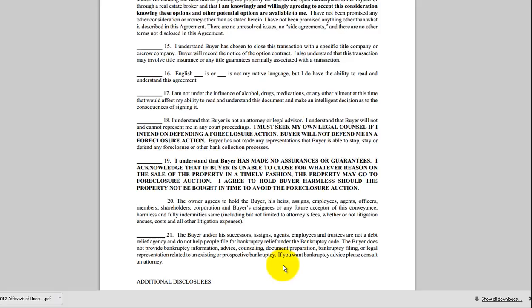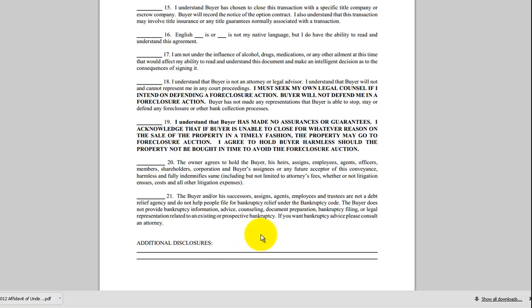But if some event happens because of the actions by the seller owner of record, then the seller owner of record agrees to hold the buyer harmless. The buyer and or his successors, assigns, and agent, employees, and trustees are not a debt relief agency. So in other words, we're saying we're doing this on our behalf to try to buy the property, and we're not a nonprofit agency or a debt relief agency. So we want the buyer to understand all that.